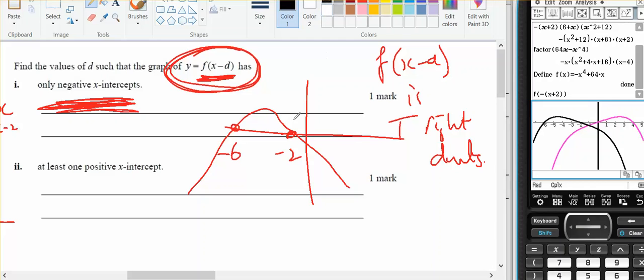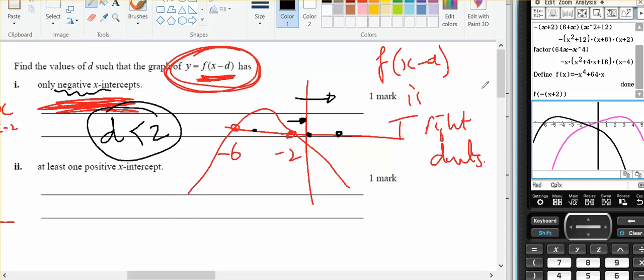Well, if it moves 2 units to the right, it will have x-intercepts of 0 and -4, and that's no good because one of them is not negative. Only negative x-intercepts, not 0 and -4. And if it's more than 2, then we're going to have a positive x-intercept. So I think D has to be less than 2 for that situation to occur.